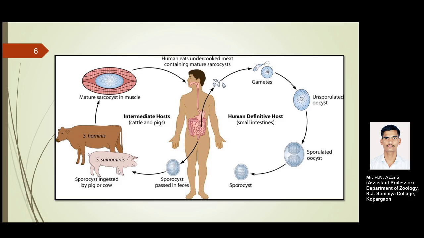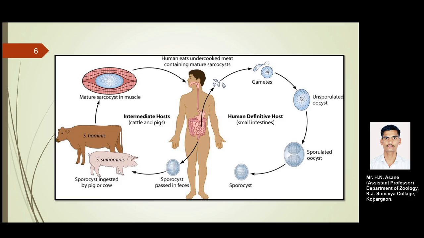After that, these sporocysts may be accidentally consumed through food that has come in contact with grasses, and they are consumed by the pig or cattle, and mature sarcocysts in the muscle of the cattle or pig get infested.